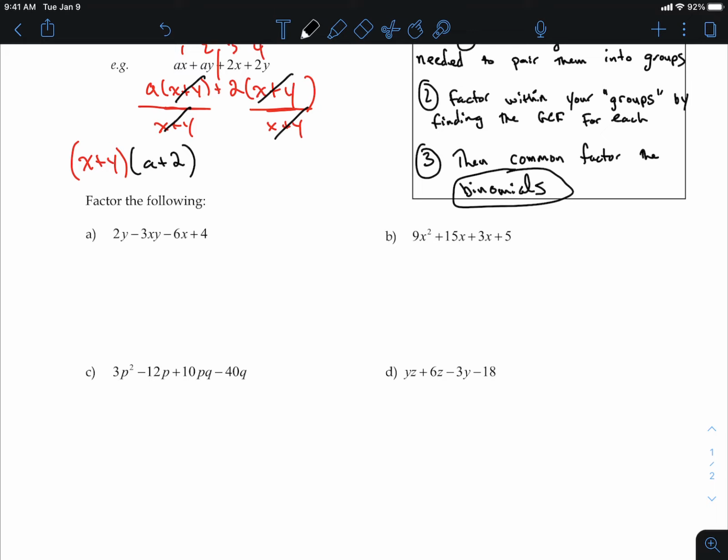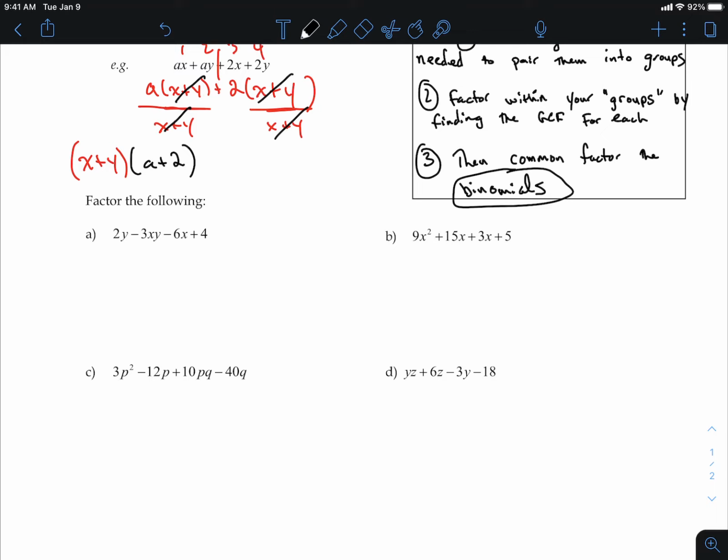You could group individually, but you want to group as a whole package. So you want to group the terms that look the most similar. That includes the number and the variables, not just one or the other. Sometimes you might get away with one or the other, but you're looking to group the terms that look most similar.